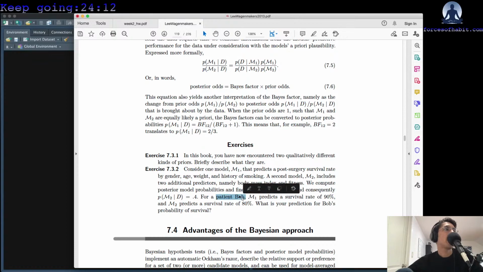Given data from model predictions, the probability of Bob given model 1 and the probability of Bob given model 2 need to be multiplied by each of the posterior model probabilities.